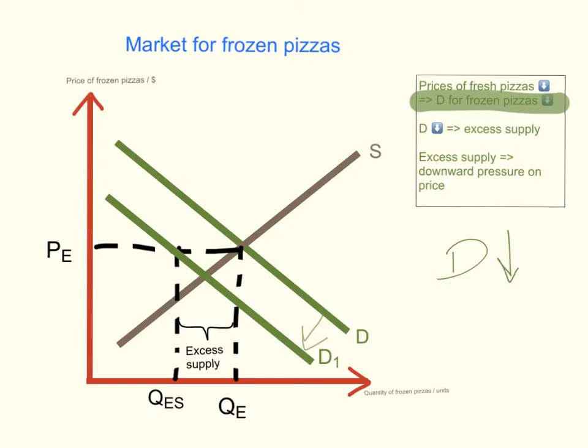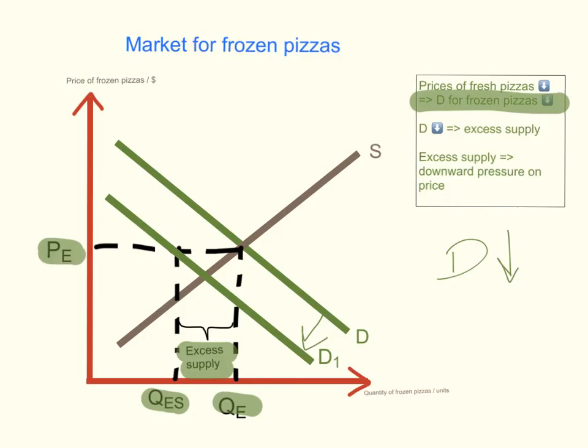Now, because price takes some time to adjust, for a temporary period of time, there will be excess supply. There will be a surplus in the market. QES will be the quantity that is demanded, but QE will be the quantity supplied at that equilibrium price PE.